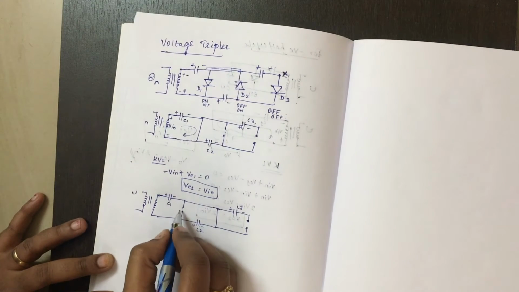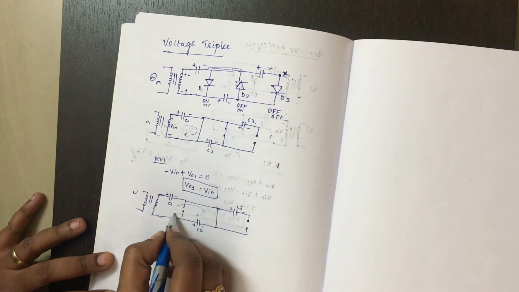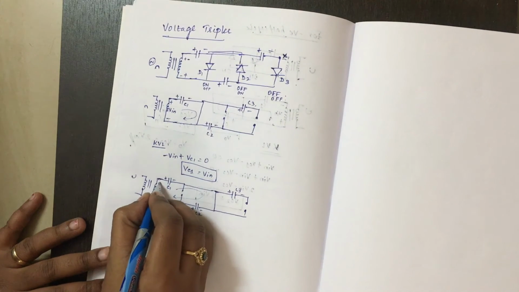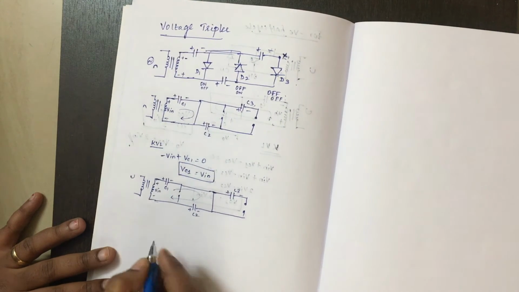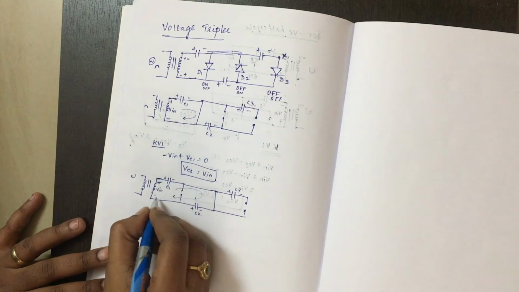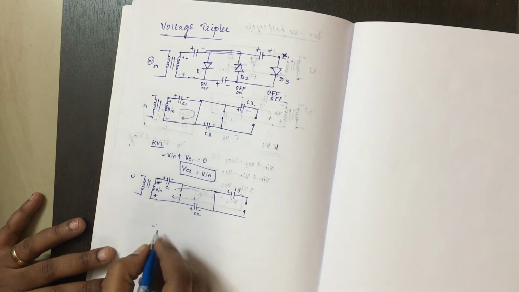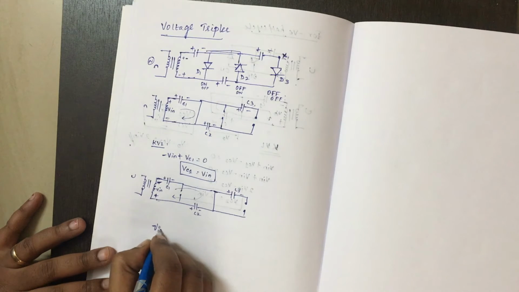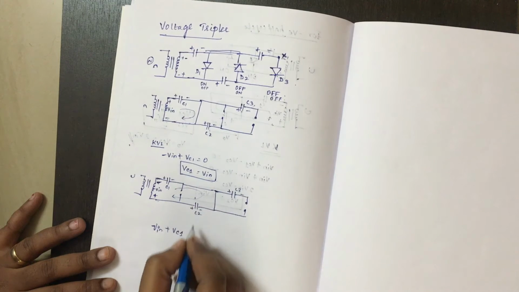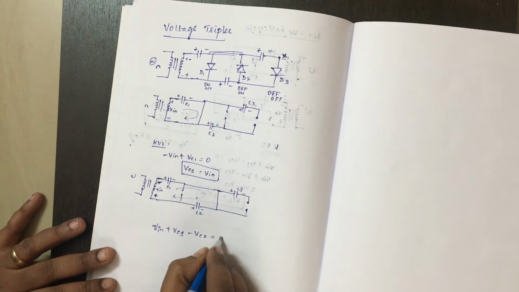Now you need to apply KVL for this circuit because this is the closed circuit. Plus minus Vin. So minus to plus is minus. Oh, sorry, this is negative cycle. So minus plus. So plus to minus is Vin, plus to minus Vc1, and minus to plus minus Vc2 equals to 0.